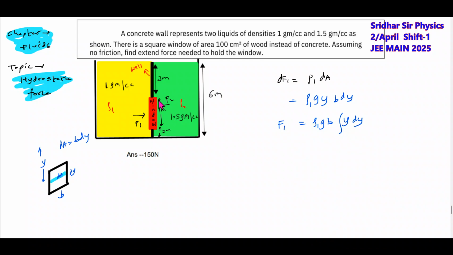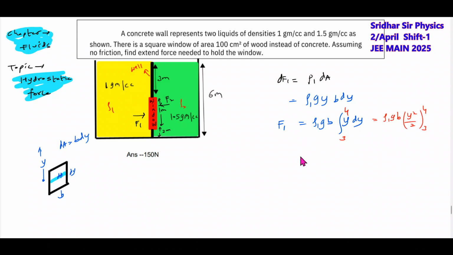The limits should be 3 to 4 meter. Why 3 to 4? Because the window is present at a depth from 3 meter to 4 meter. This will be the generalized formula. We get rho 1 g B times y square by 2, from 3 to 4.